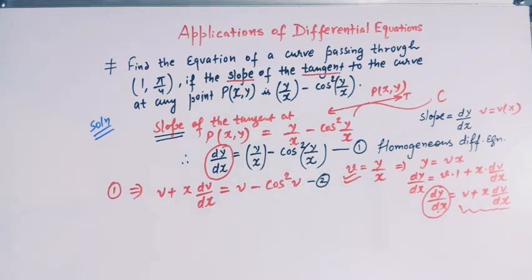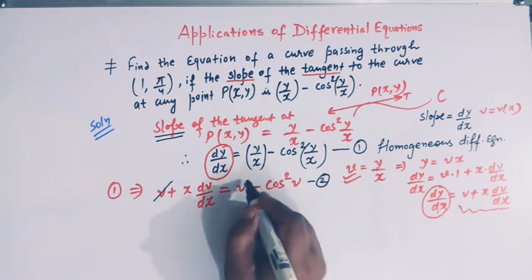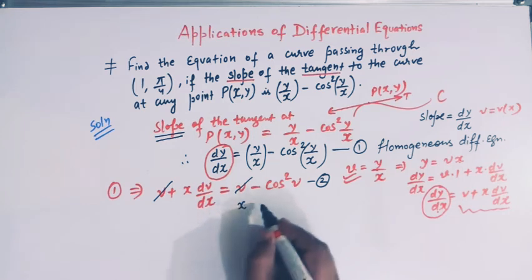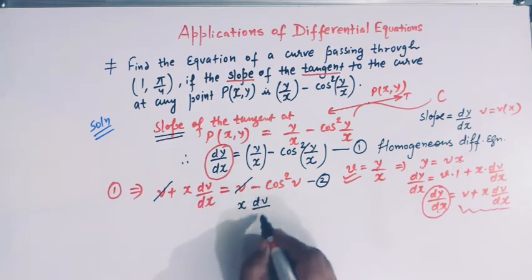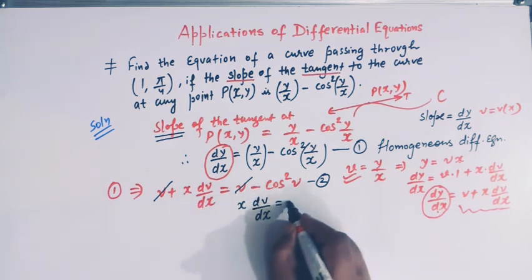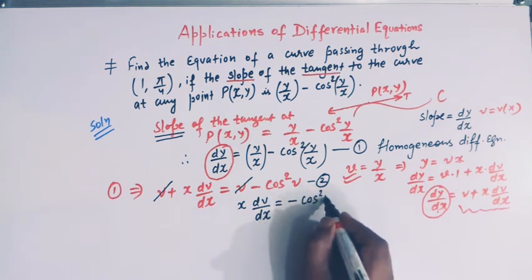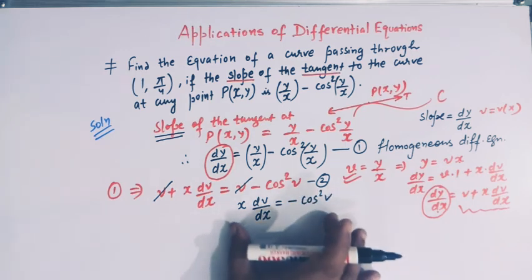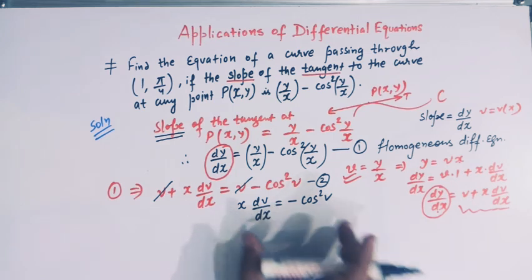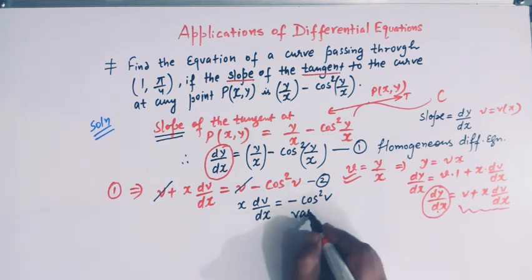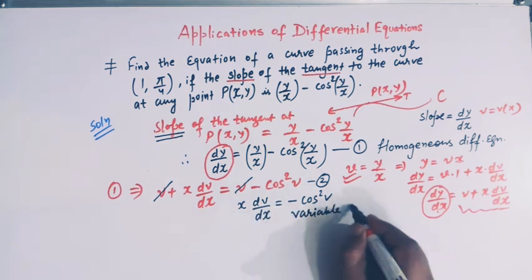Now this v and v get cancelled, so we have x times dv over dx is equal to minus cos square v, right? Now this differential equation becomes a variable separable form, right?